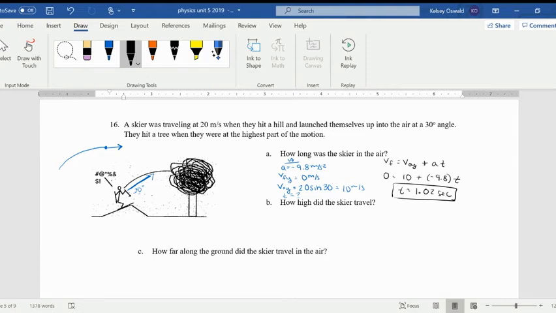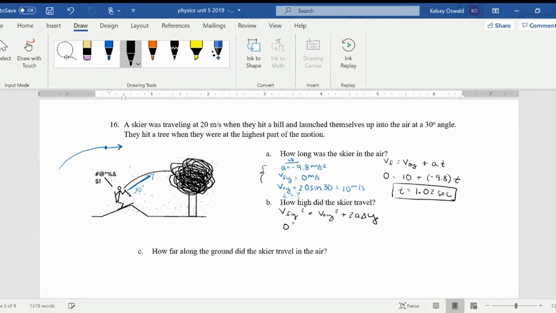Okay. So then for B, we want to find what the maximum height is. Okay. So we can now use our time that we solved, or we can stick with the original 3 values that we know. We really have a variety of equations we can use here because we know all of our other values. Okay. But if I just stick with what we were given for part A, we can use the equation. Our final velocity squared is equal to our initial velocity squared plus 2a delta y.